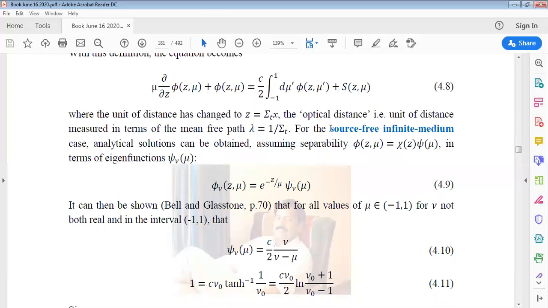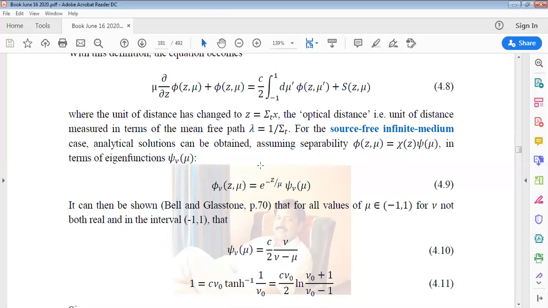Now, let's see what insight we can gain from the dependence of this flux. For the source-free infinite medium case, the easiest case, analytical solutions have been obtained by assuming separability: separability in space, separability in angle.